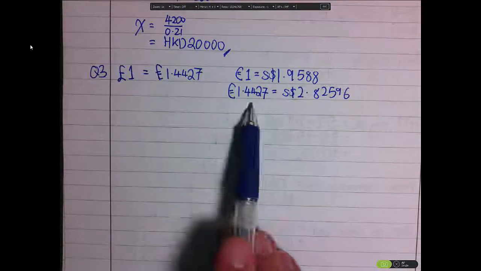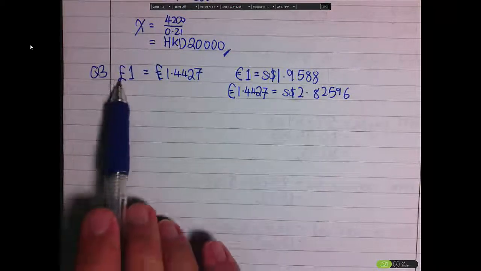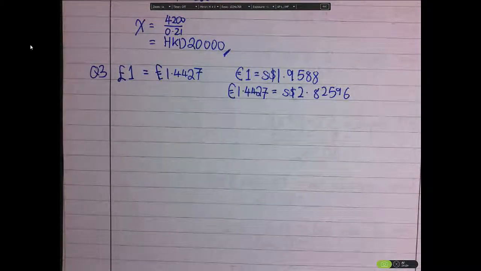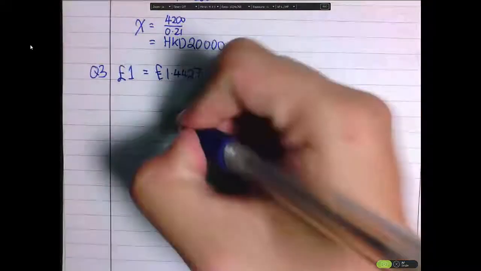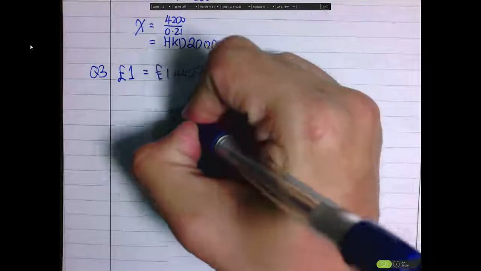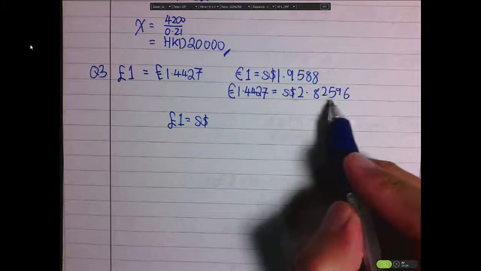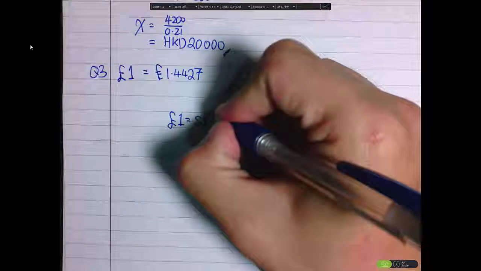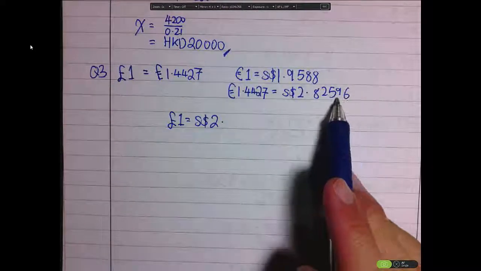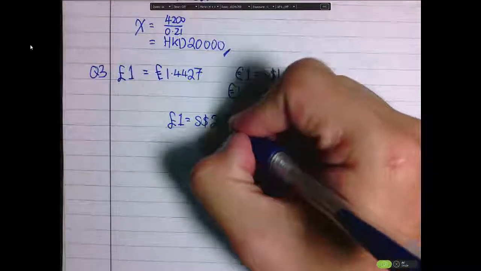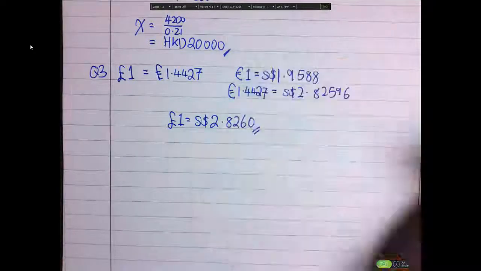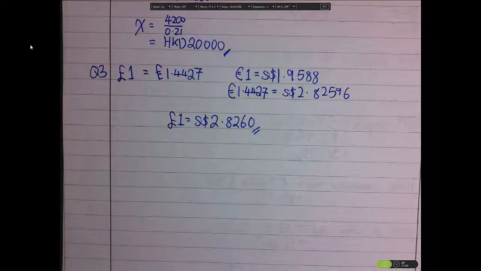This is the same amount as 1 pound. The question asks for correct to 4 decimal places, so if I round off, the 6 rounds the 9 up, giving 2.8260. 1 pound will be worth 2.8260 Singapore dollars.